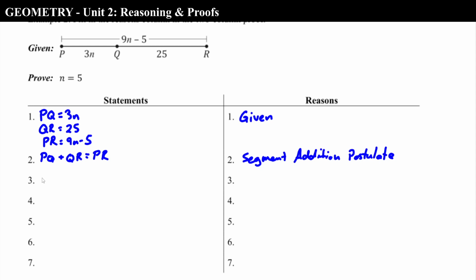Okay? Now, we're going to take each of these items that we have in our given, and we're going to substitute them in. So we get 3n plus 25 equals 9n minus 5. And we did that by substitution.